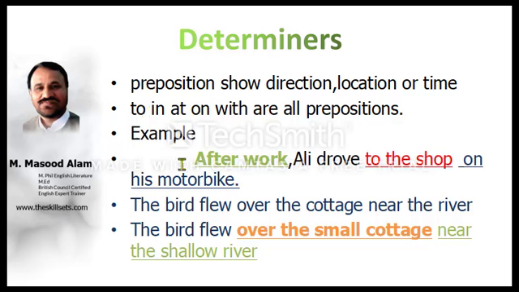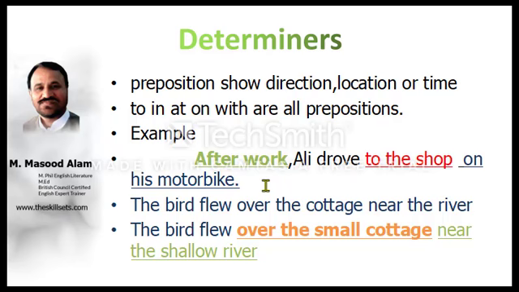A very interesting example. The first one is: after work, Ali drove to the shop on his motorbike. Here work plays its role as a noun, not as a verb. So this is a preposition and a noun. Here is also a preposition and a noun, and the other one also has a preposition and a noun. In this sentence there are three prepositional phrases.